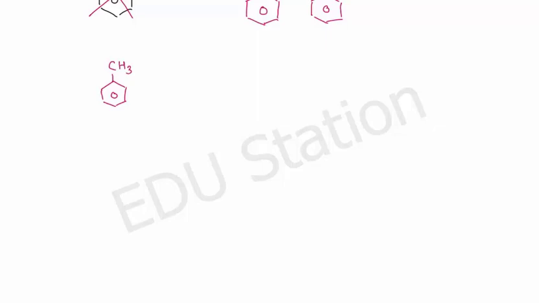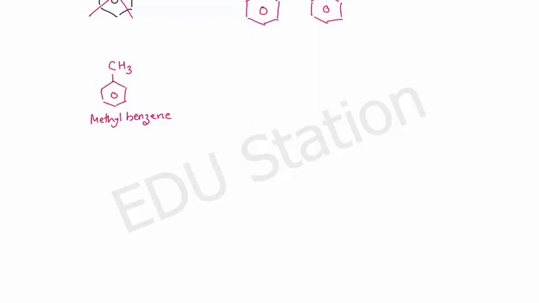This is connected to the ring via single bond. This is called methyl benzene. Aromatic is preferred over aliphatic, so we call this methyl benzene.